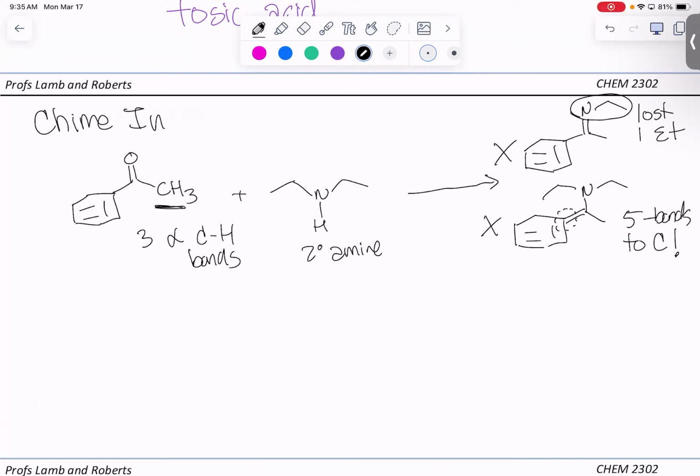So what we would do is we would take a look at the final suggestion, and we would say this final suggestion has a secondary amine represented in it. So that's correct. And then it has a methylene unit there. So 2 CHs.